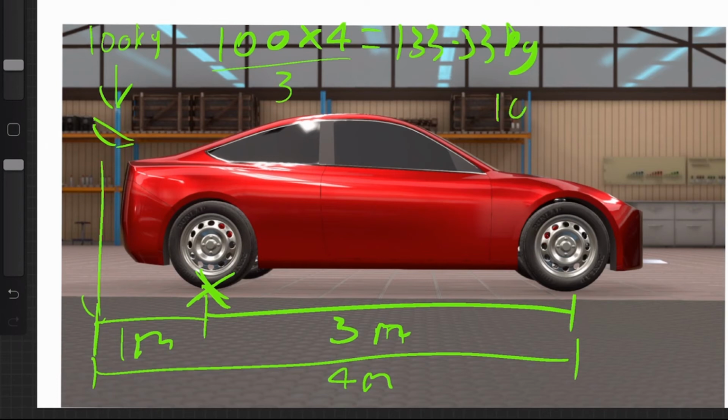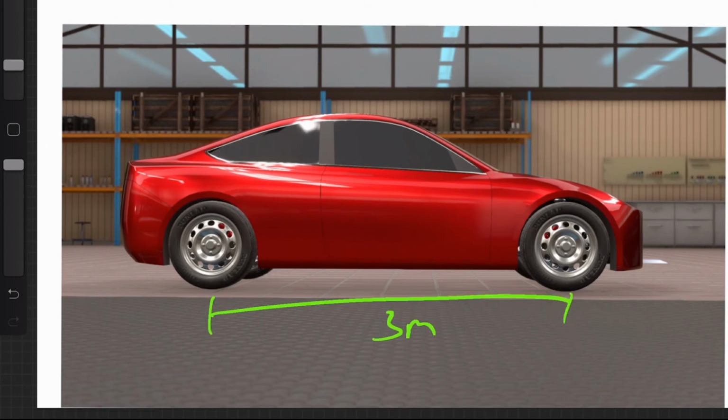So we've got 100 times 1 and divide by the distance to get the force on the front wheels. Since the front wheels are 3 meters away, divide by 3, and that comes to 33.33 recurring. Two recurring decimals, not my best choice, but there you go.